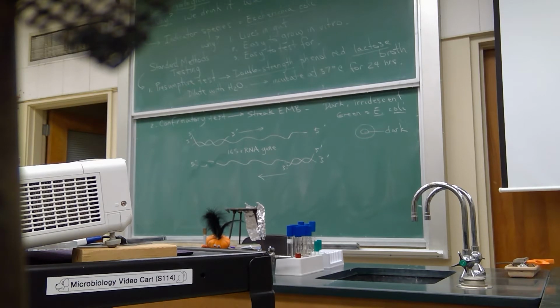Then we did the antimicrobial sensitivity testing, where we got a little bit more specific. You need to know what antimicrobial agents are, what antibiotics are, what a zone of inhibition is, how you measure a zone of inhibition, and look at a chart and determine are organisms sensitive or susceptible, intermediate, or resistant to the various drugs. You need to know where the MIC is, the minimal inhibitory concentration.